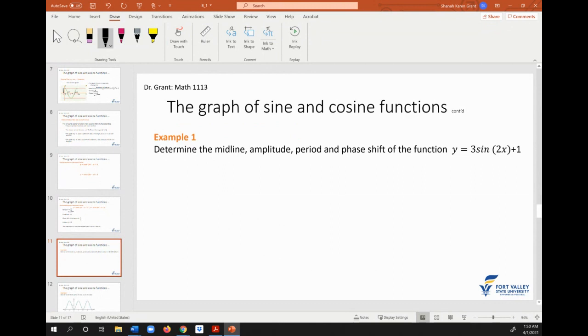Now, let's say we have an example where we want to determine the midline, amplitude, period, and phase shift of this function seen here.